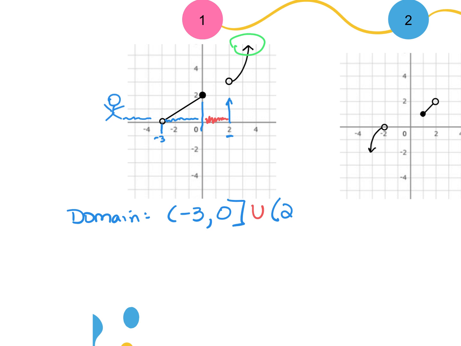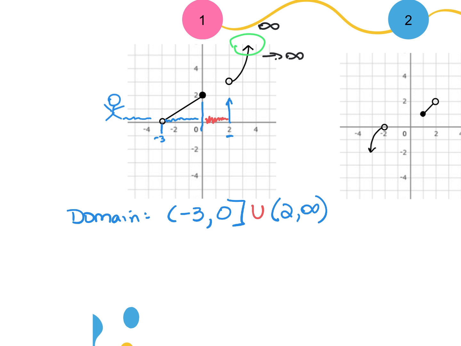So it's actually pointing up towards positive infinity for the y's, but it's also continuing this way. It's slowly, gradually going out towards the right as well. So it's actually going to keep on going for my x values. So this will continue on to infinity with a parenthesis. So that is your domain for that graph.